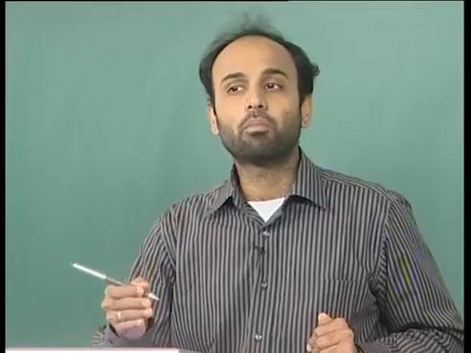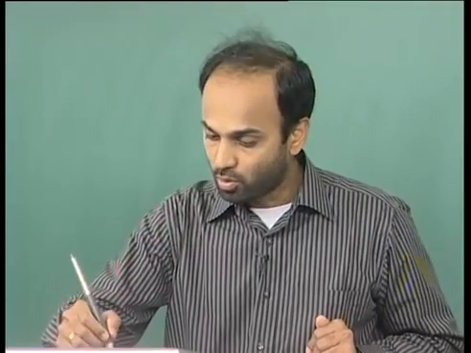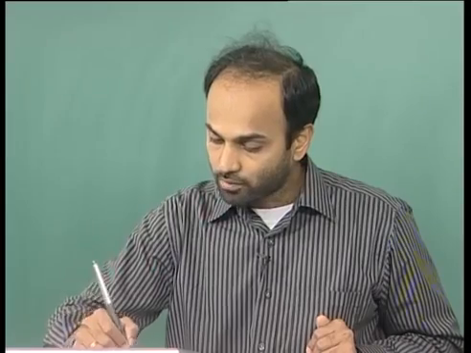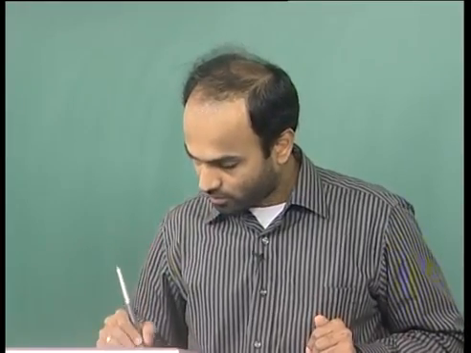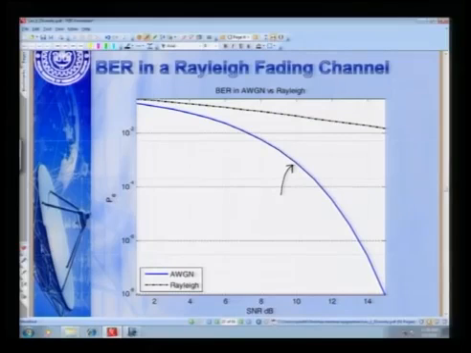Let me give you a plot to again picturize how this bit error rate variation is. Let me go to the plot. This plot here shows the bit error rate performance of an AWGN or a digital communication channel. This blue curve here is for a digital wireline or a wired communication system.